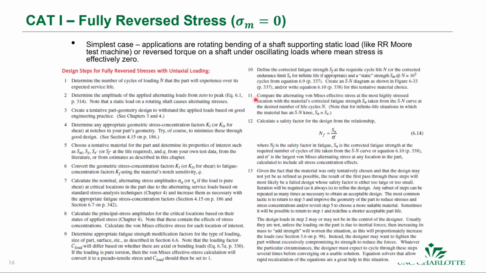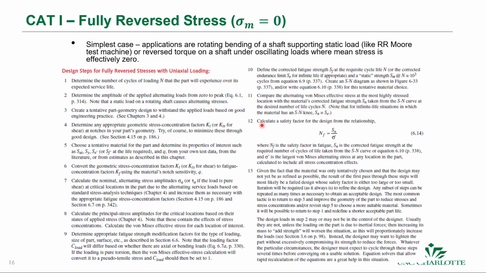Once we have that, we compare the alternating effective stress at the most highly stressed location with the corrected fatigue strength at the number of cycles we have to design for.